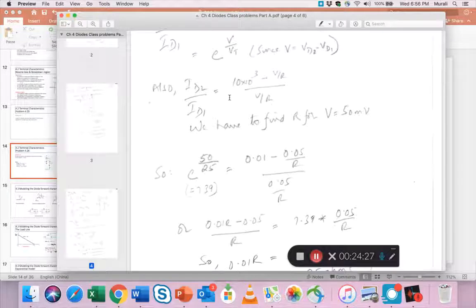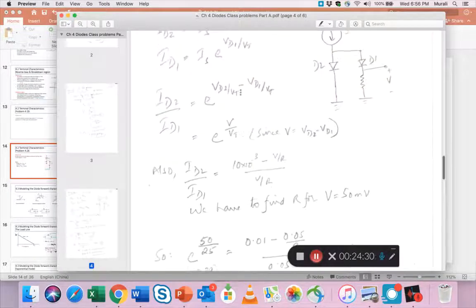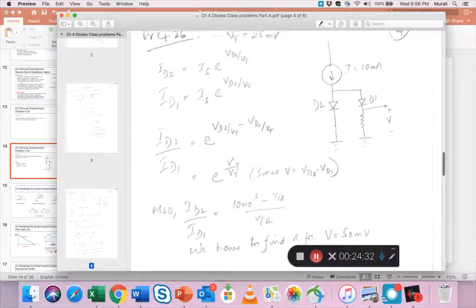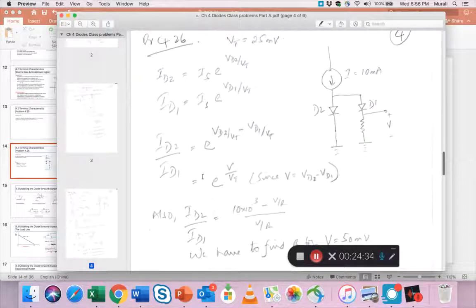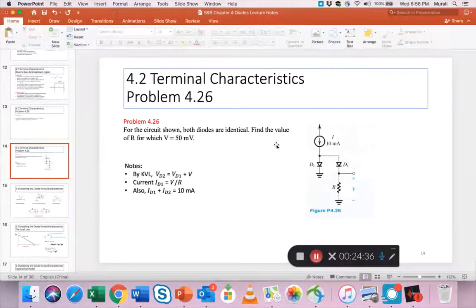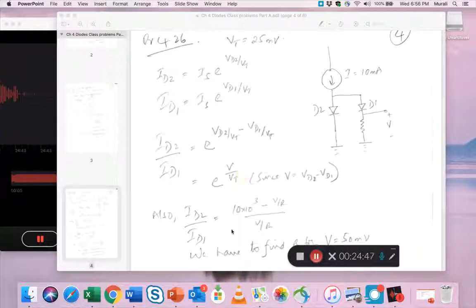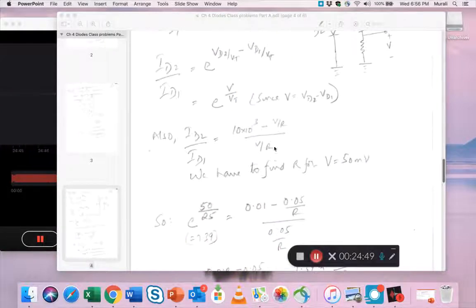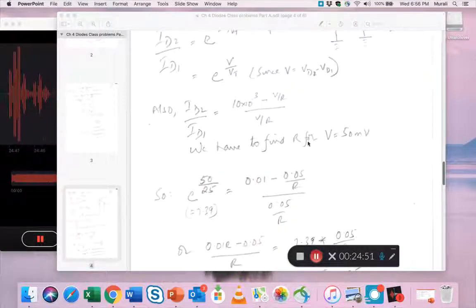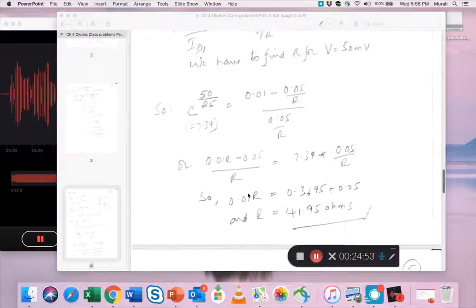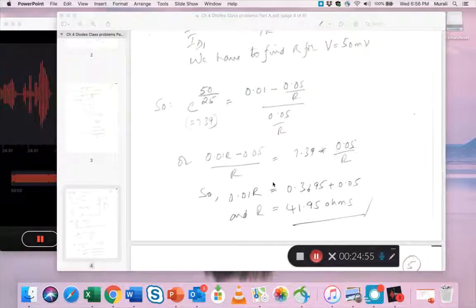Okay, and this ratio, be careful how you derived it. We derived it using the previous relationship that I had here, ID1 and ID2, right? So using this relationship, we set up this equation, and so we have all the values we need except for R, and then if you solve for R, it comes out to be about 42 ohms.